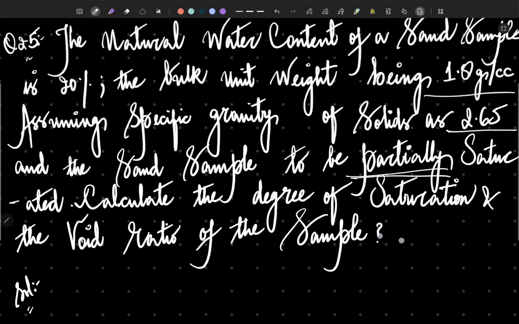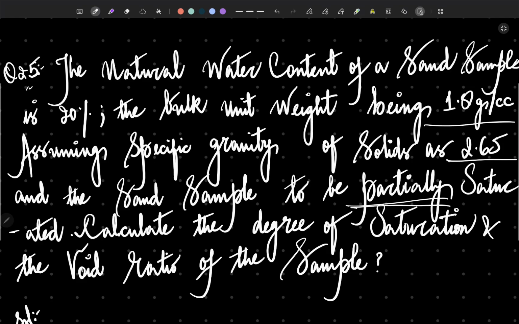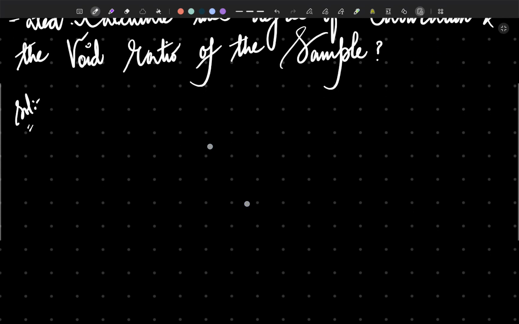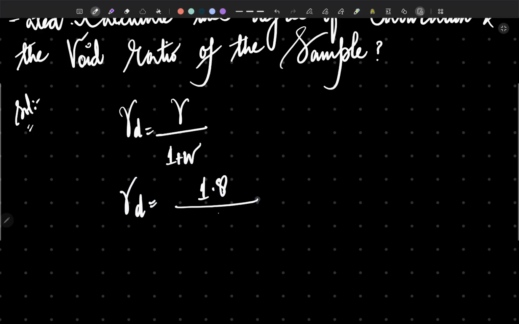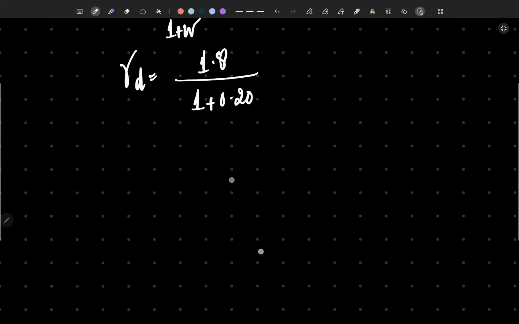Let's have a quick look at the parameters given. The natural water content is this much and the bulk unit weight is this much. So I'll be finding the dry unit weight first. Dry unit weight is given by bulk unit weight divided by 1 plus water content. Bulk unit weight is 1.8 grams per cc, divided by 1 plus water content, 0.20. By calculations, dry unit weight is 1.5 grams per cc.